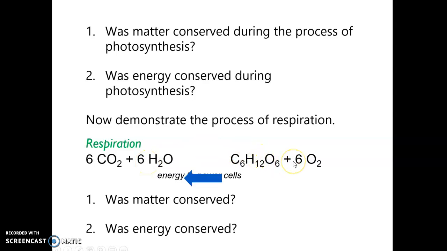Other times when you see it represented, they will actually take the glucose and the oxygen molecules, write them on the left-hand side of the equation with an arrow, and move these products to the right-hand side. Same idea, just a different representation. And then again, answer the 2 questions. In the process of respiration, was matter conserved and was energy conserved?